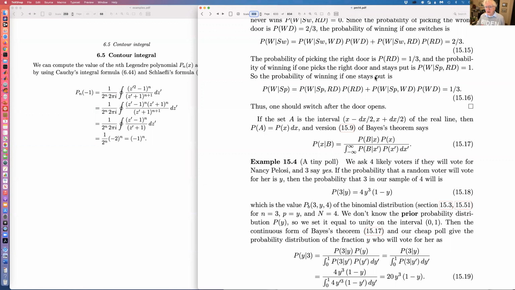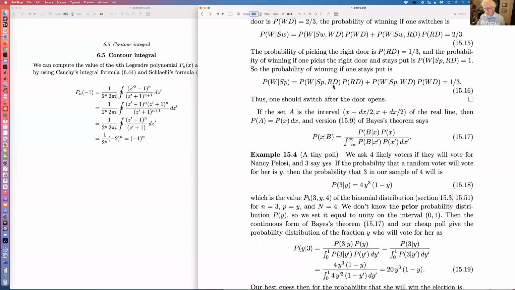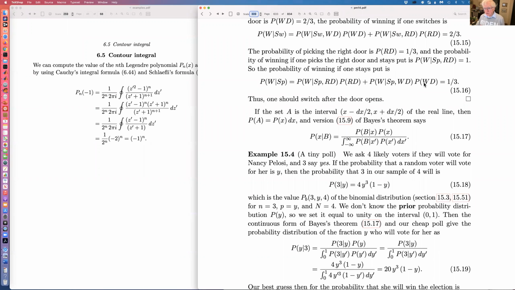The probability of winning if you pick the right door and stay put is, of course, 1. So the probability of winning if you stay put is the probability of right door times the probability of winning given right door and stay put, plus the probability of winning given stay put and wrong door times the probability of wrong door. And the probability of winning, stay put, and you picked the wrong door, that one is 0.